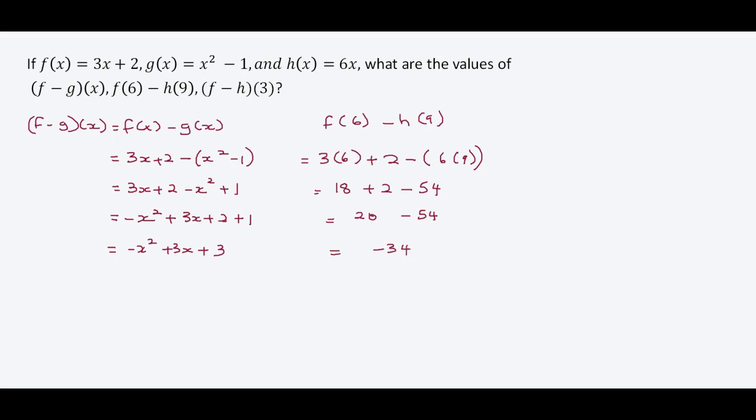Now we have f minus h of 3. We're going to find what f minus h is.